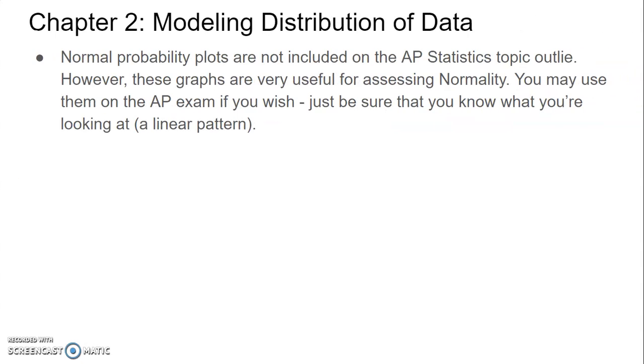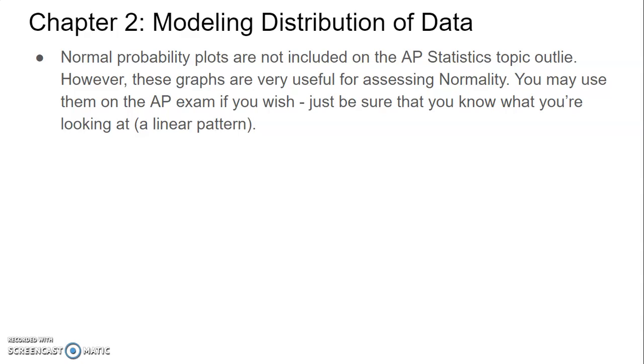In chapter 2, we talked mostly about normal distributions, being able to calculate a z-score. One thing I wanted to highlight is that we briefly mentioned what a normal probability plot is. They don't state it on the AP outline directly, but they're starting to infuse it a little bit more.